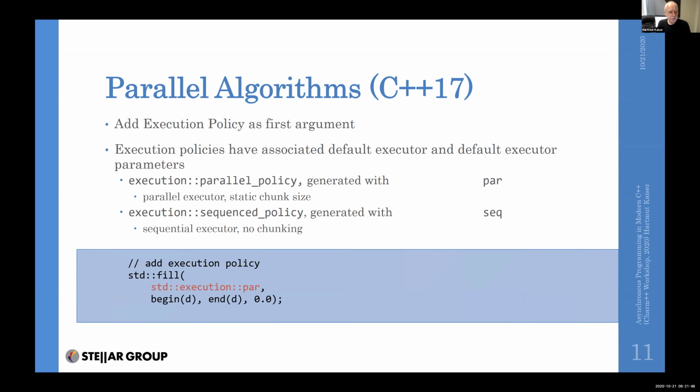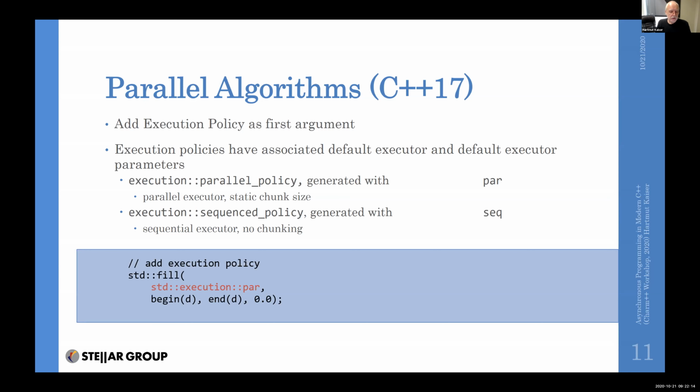A quick example, standard fill takes begin and end of the range to fill with zeros. And in order to parallelize that loop, all you have to do is pass an additional argument to the algorithm. The same pattern has been applied to all the other 150 algorithms the standard has.